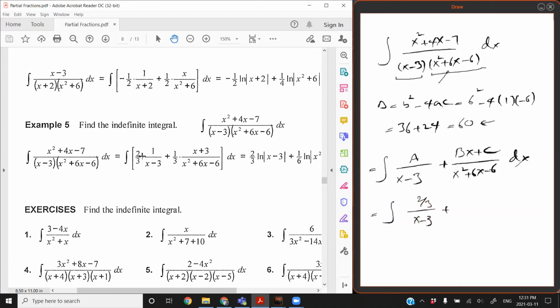plus x squared plus 6x minus 6. You're going to find 1/3 for b, and you're going to find 1 for c.